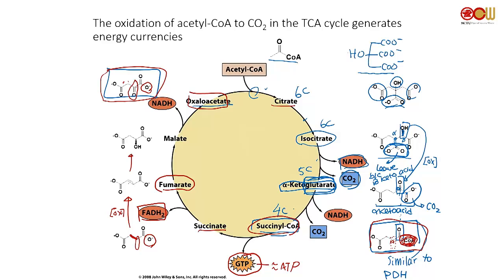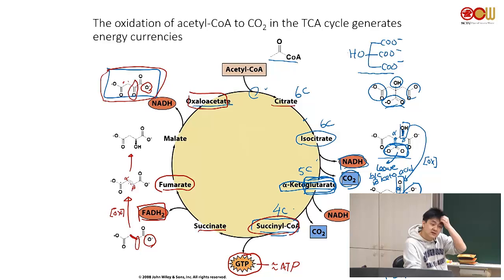The reason this hydration can occur is because here, relative to this guy, alpha, beta. When we talked about enolase in glycolysis, remember we said that in order to pull out an OH, it has to be on the beta carbon relative to a carbonyl.